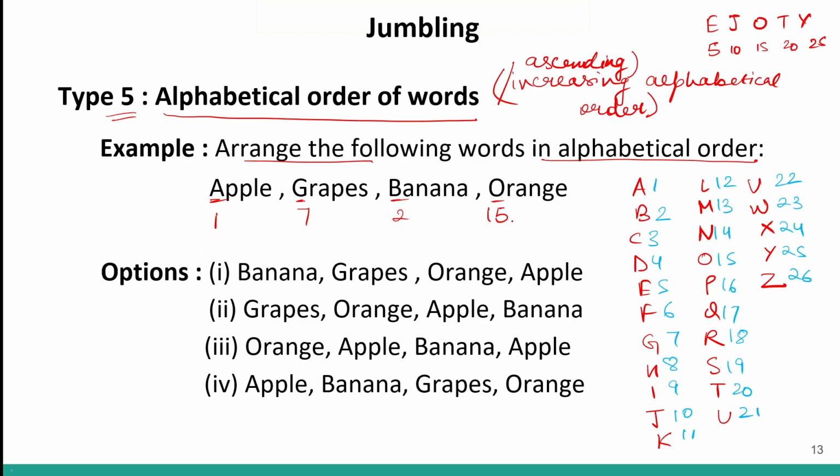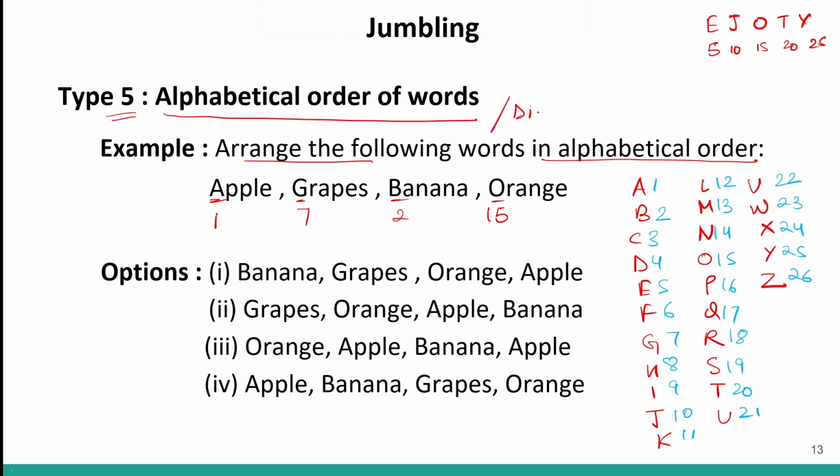Correct? So here, if I have to arrange them in alphabetical order, we can also write that we have to arrange them in dictionary order. This is also a term used. If you've seen a dictionary, in dictionary, we move from A towards Z. So in the first few pages, we deal with A, then B, then C, and so on till Z. So in dictionary order also, first we'll get A, then B, then grapes, and then orange.